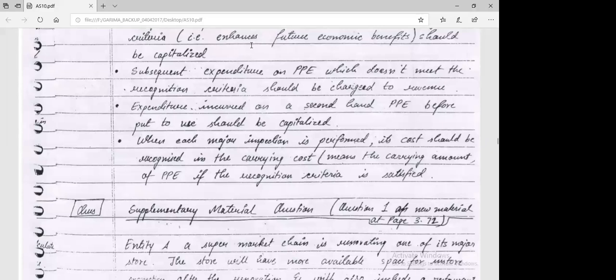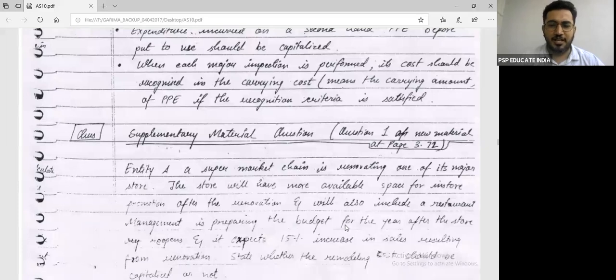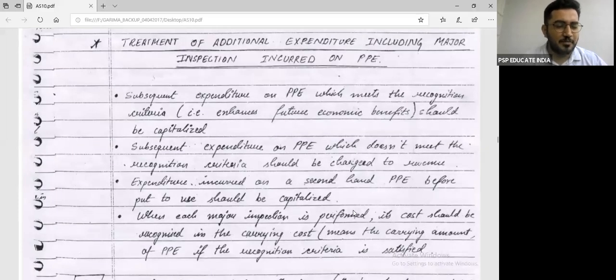Okay, let's quickly have a look at the major inspection part, and then we go to the study material question that is given. So major inspection basically means that one person is coming to inspect your property, plant and equipment, and he will suggest whether you should make a capital expenditure or a revenue expenditure would be sufficient to have the machinery working properly.